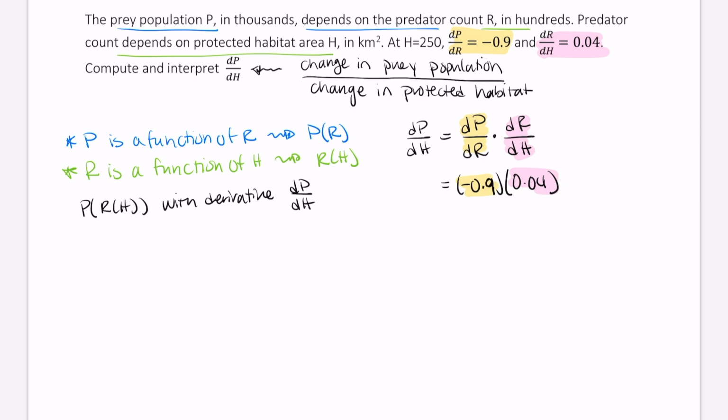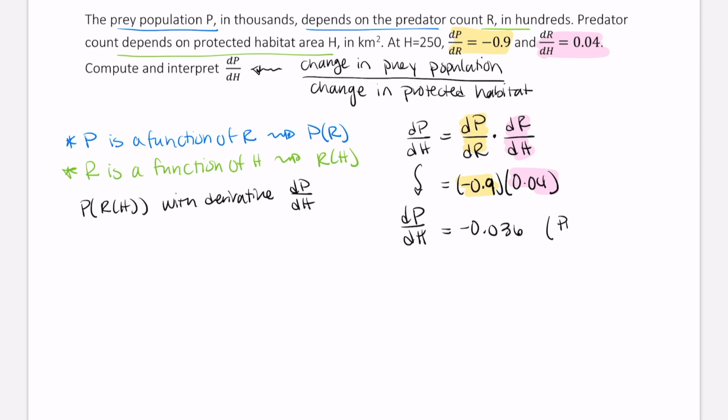All right, so what does that give us? This tells us dP over dH is equal to negative 0.036, and this is the change in prey population with respect to protected habitat area. And we're told that the prey population is in thousands, so let's convert this.